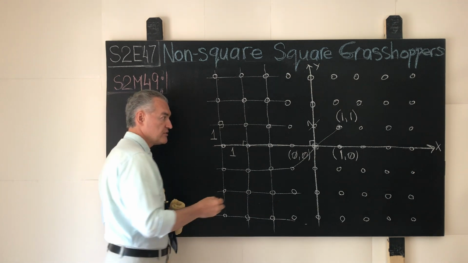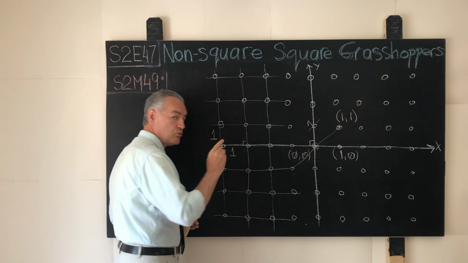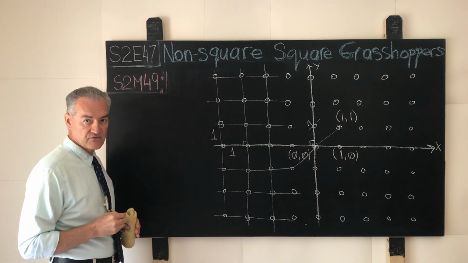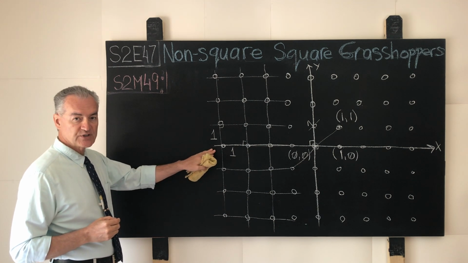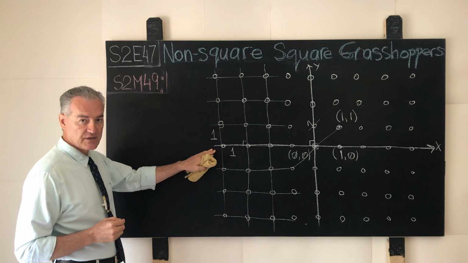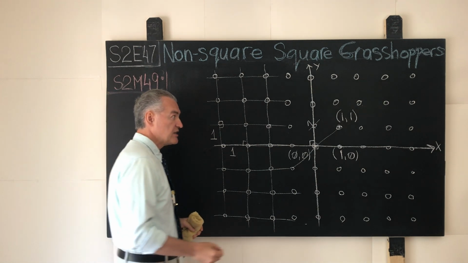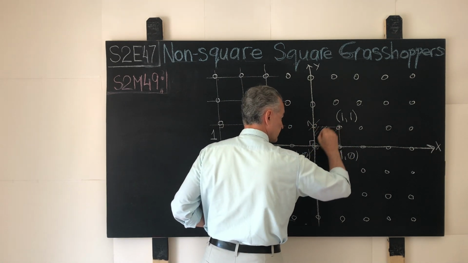When our 3 grasshoppers execute their legal jumps, the only points where they can find themselves after each and every legal jump will be precisely the nodes of the corresponding orthogonal integer lattice Z squared that is generated as I explained above. We take the unit square that was given to us initially.